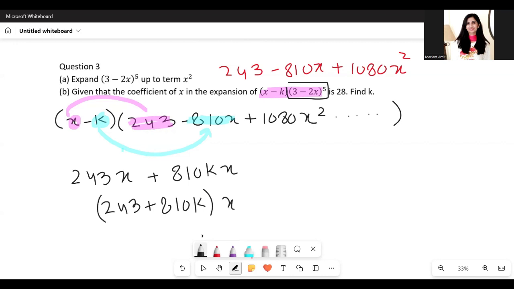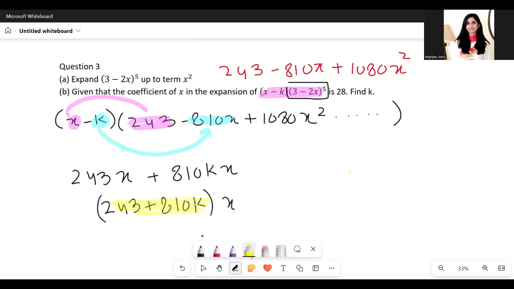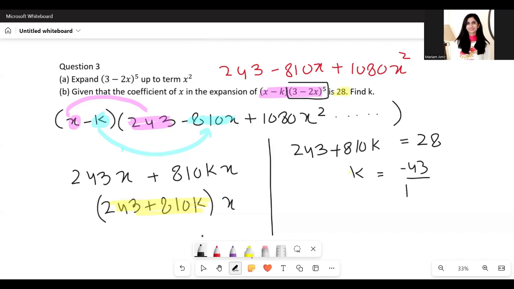And we're told that this coefficient of x is equal to 28. So only take the coefficient 243 plus 810k and equate it to 28. Rearrange, subtract, and then divide. You get minus 43 over 162. That is the answer for part B.